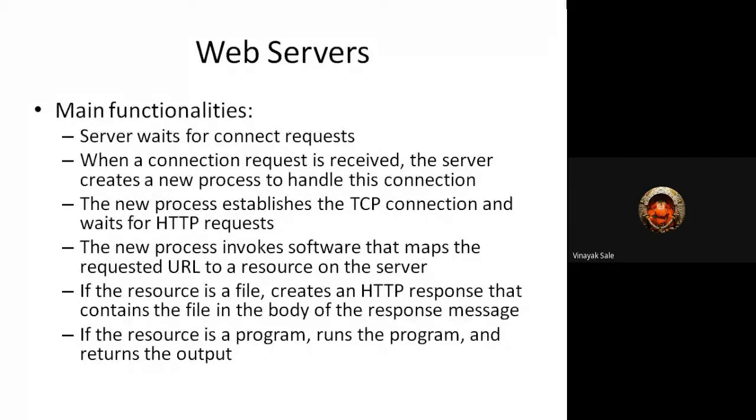If the resource is a file, it creates an HTTP response that contains the file in the body of the response message. If the resource is a program, it runs the program and returns the output. These are the functions of web servers.